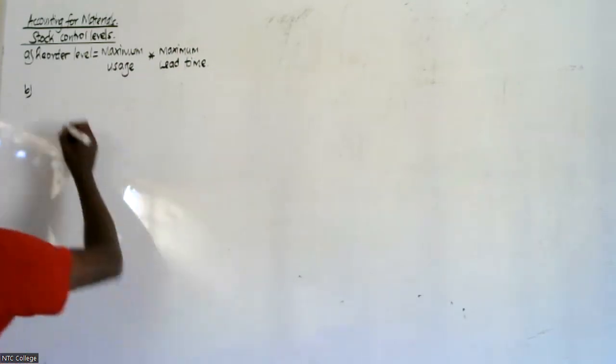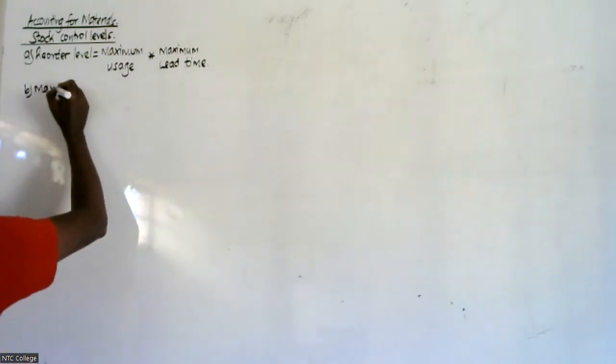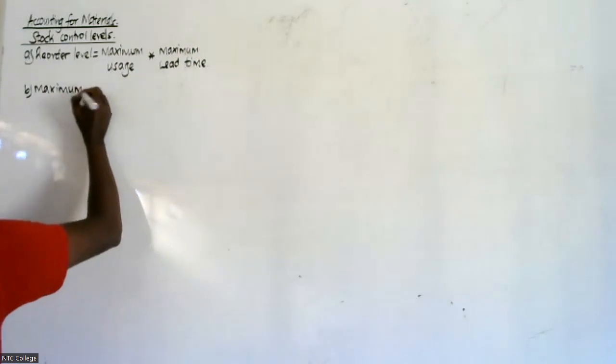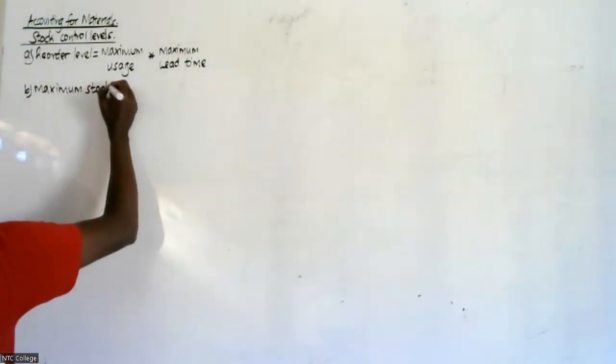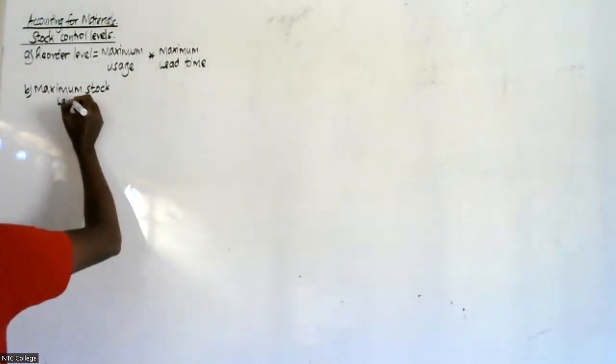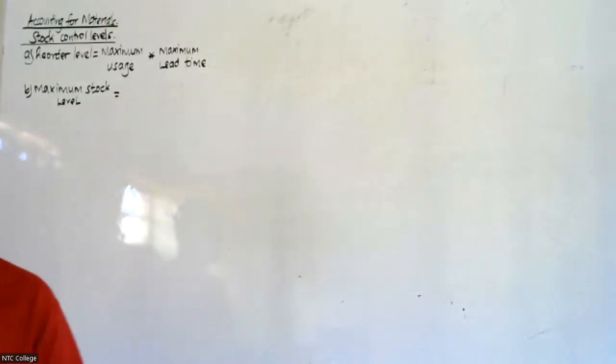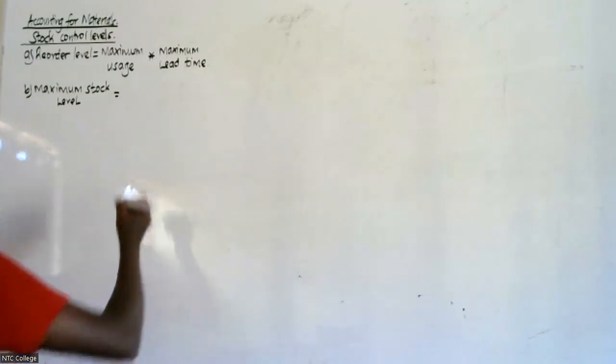Number two is the maximum stock level. Maximum stock level here simply indicates the level stocks should not be allowed to exceed, to prevent overstocking.